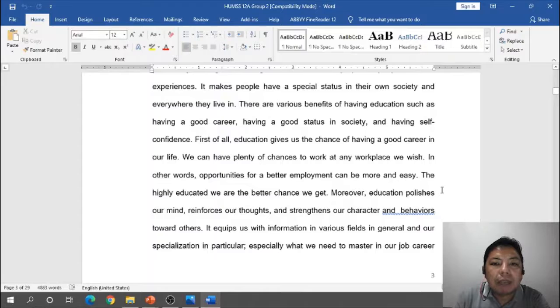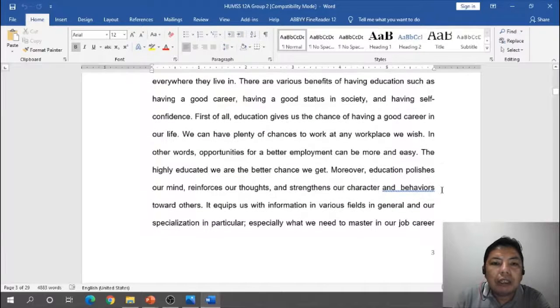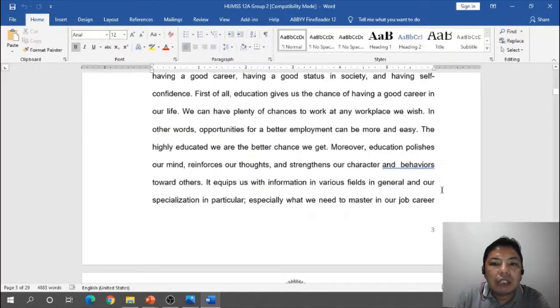There are various benefits of having education, such as having a good career, having a good status in society, and having self-confidence. First of all, education gives us the chance of having a good career in our life. We can have plenty of chances to work at any workplace we wish. In other words, opportunities for a better employment can be more and easy.